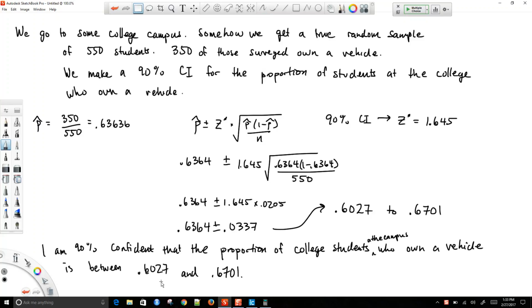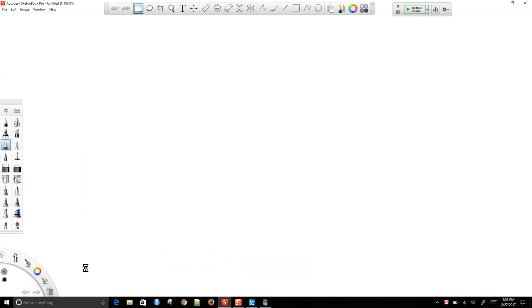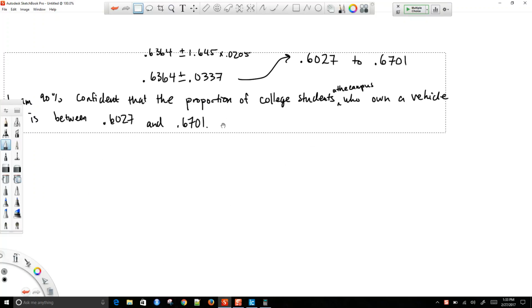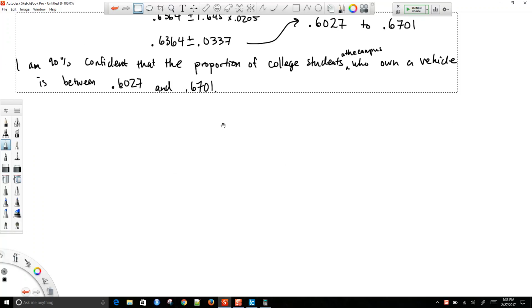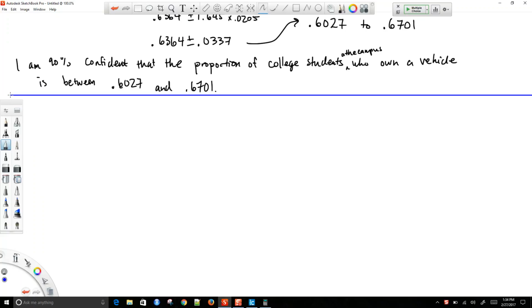Let's ask some questions about the types of interpretations we can make from such a confidence interval. I'm going to copy this onto the next slide. This is the confidence interval that we have created. Here's a question.